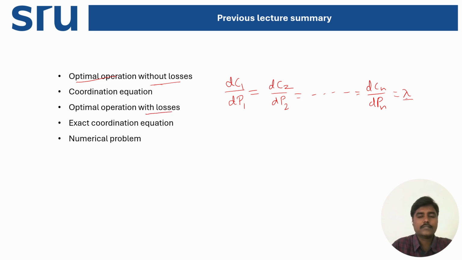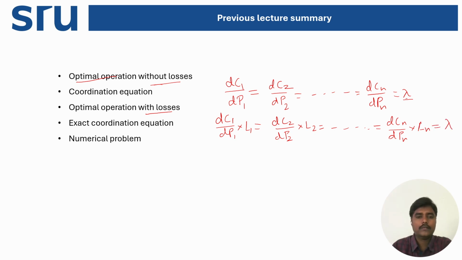Whenever we consider the losses, then the condition will become the exact coordination equation, and that is given as dC1/dP1 into L1, that is equal to dC2/dP2 into L2, and so on up to dCn/dPn into Ln, that is equal to lambda, where L1, L2, and so on up to Ln are called penalty factors of the n generating units.